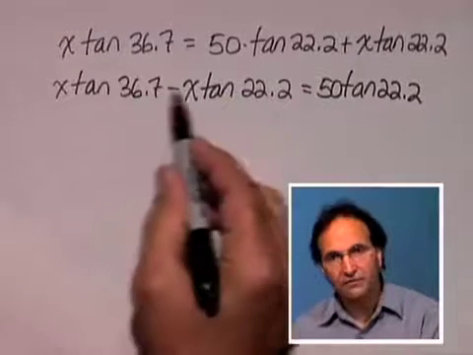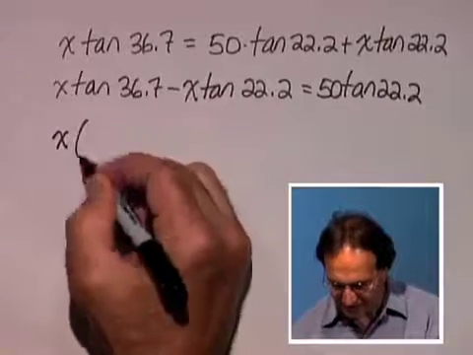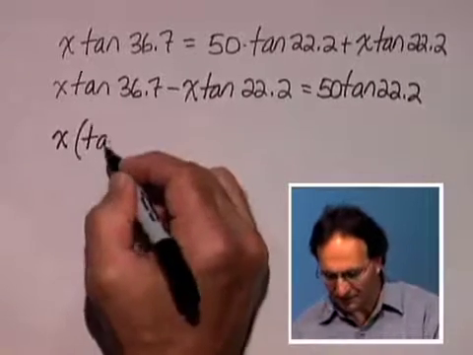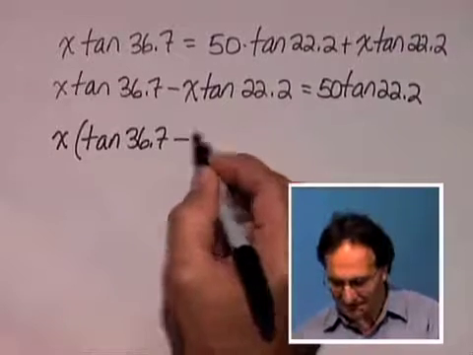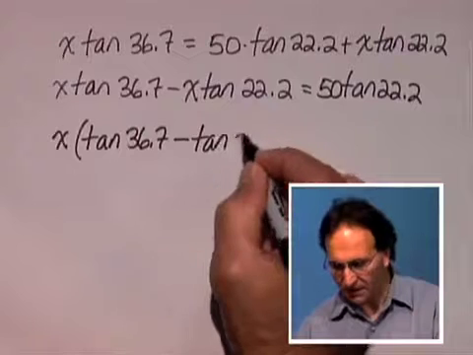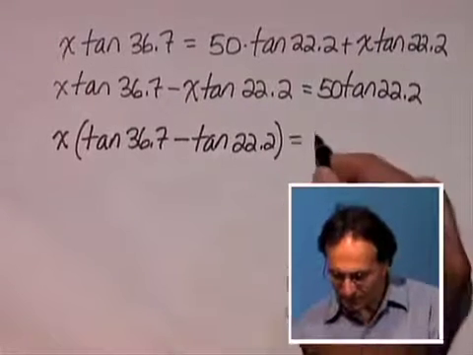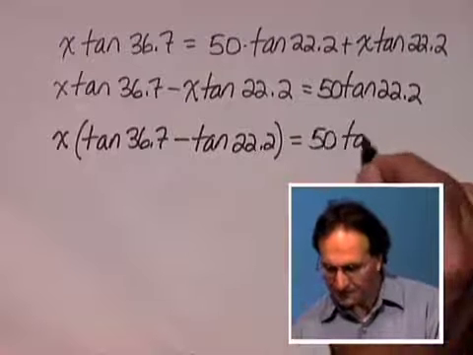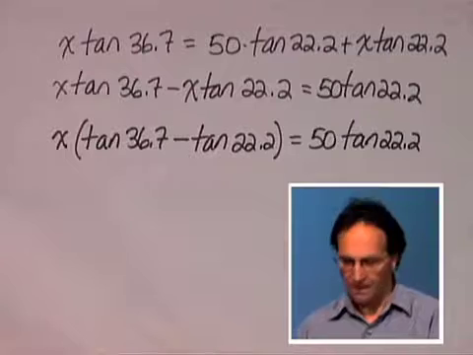Now what I want to do is factor out the common factor x. So I have x times the tangent of 36.7 minus the tangent of 22.2. That's equal to 50 times the tangent of 22.2.